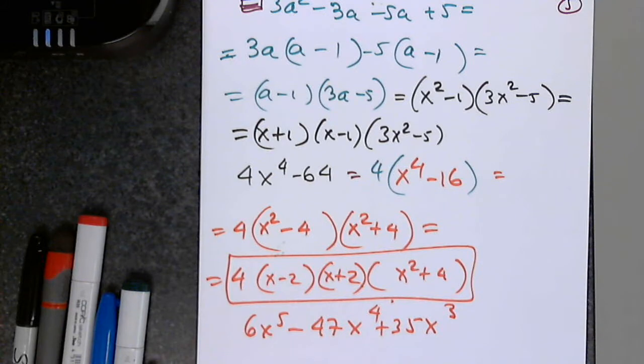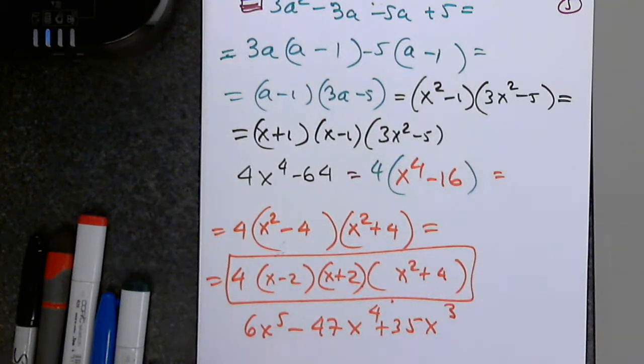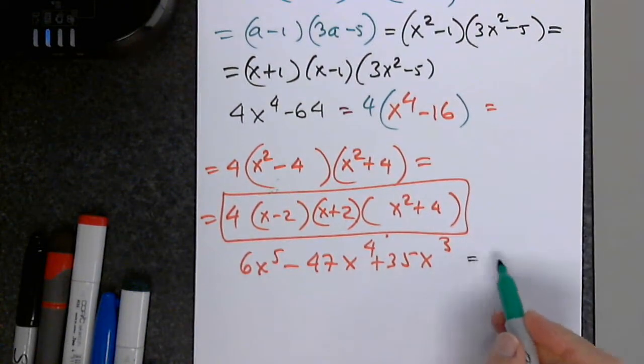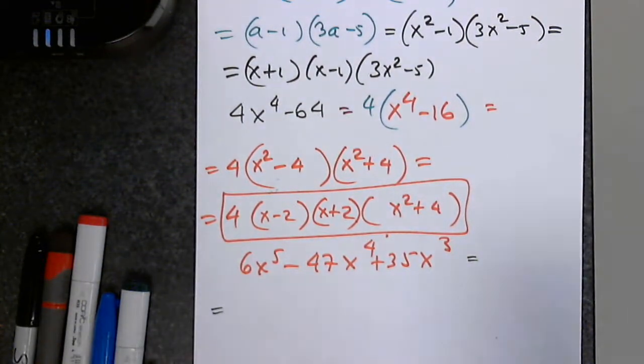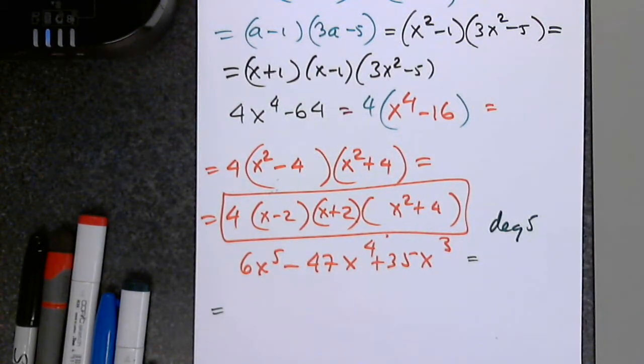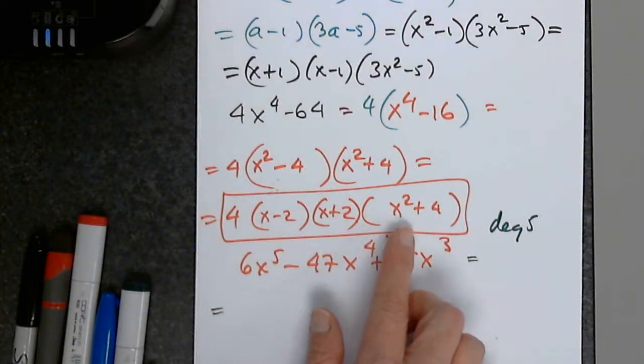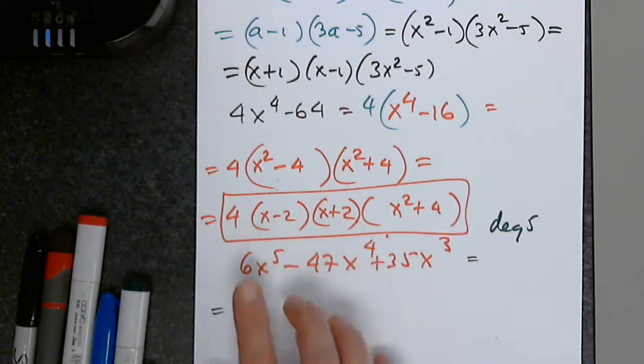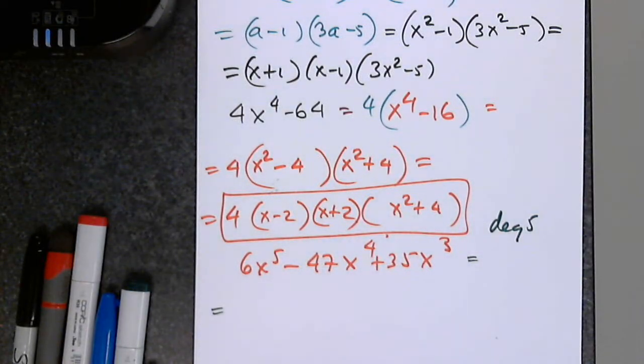Okay, what is the degree of this polynomial? Good. So degree 5. I should have 5 factors, but here I had degree 4, but I had 2 in here, 3, 4. So we'll see what we come up with in this case.